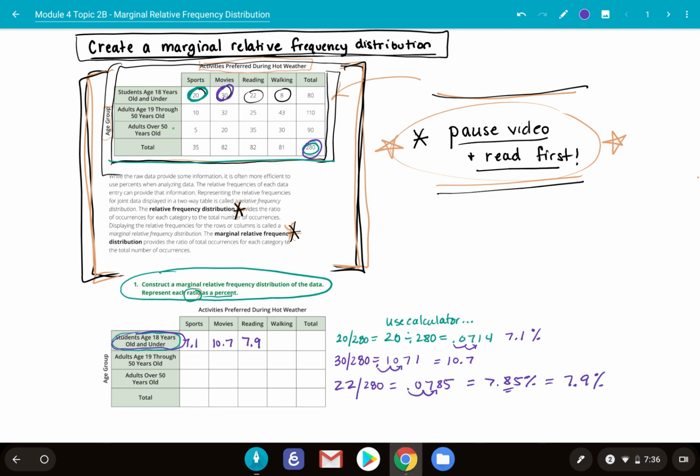And then for walking, we have 8 out of 280. So let's change that. 8 divided by 280 is 0.0285. So we'll move 2 places to the right to get our percent. And then just focus on 1 decimal place, so I would round that to 2.9%.